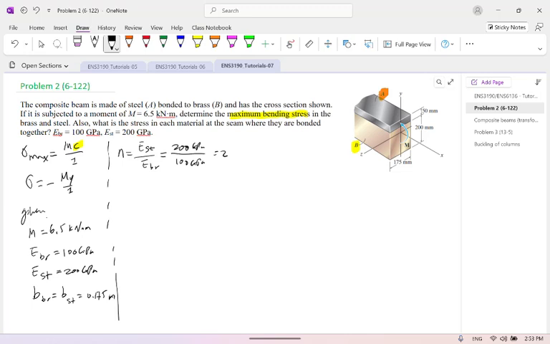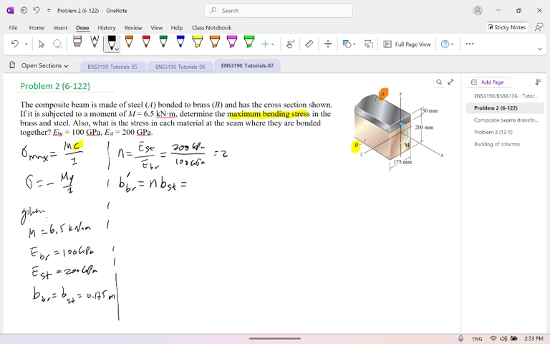Then all the materials after transformation will be brass. Clear? So that's why for here the b brass, but this one is b prime, should be equal to n times b steel. Remember, we transform steel into brass for this kind.